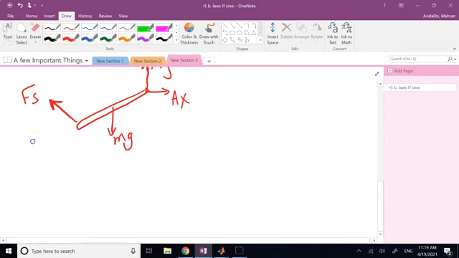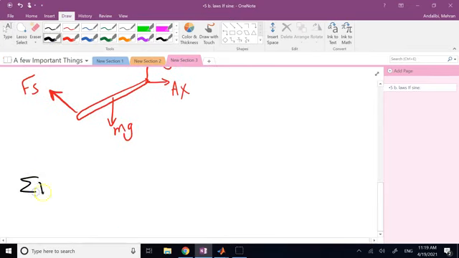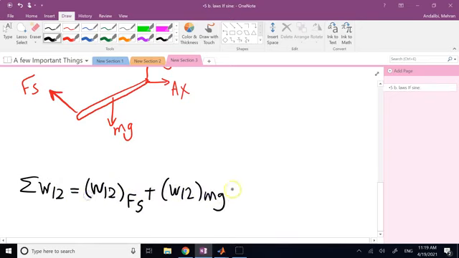So when you say the total work done on this object between position 1 and 2, it's simply the work done by the spring force plus the work done by mg. This is equal to its change in kinetic energy, K2 minus K1.